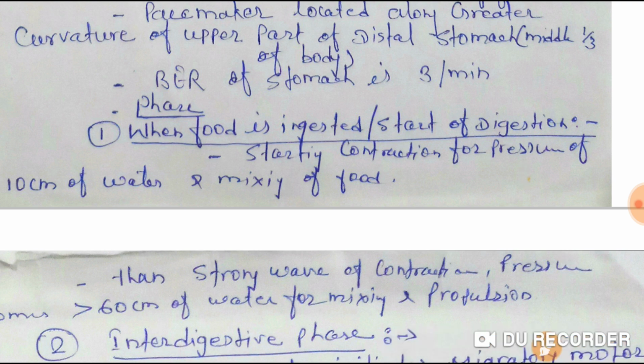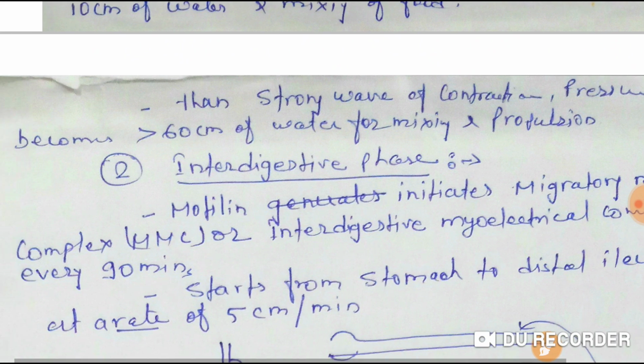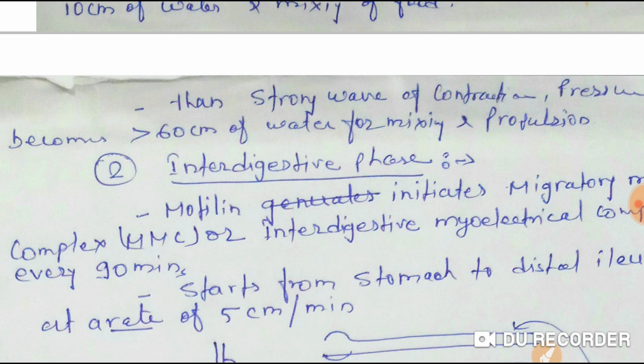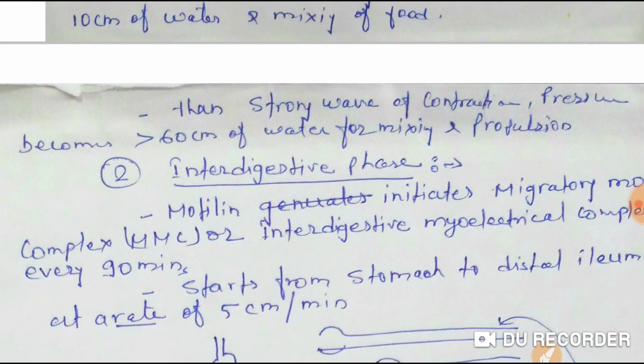Here the strongest wave of contraction and the pressure becomes more than 60 centimeters of water for mixing and propulsion. That means the general pressure of the stomach when food enters is 10 centimeters of water, while afterwards there is an increase in pressure. When pressure becomes more than 60 centimeters of water, then mixing and propulsive movement start.